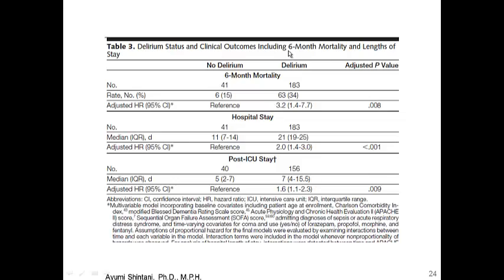If delirium happened, the median time becomes as long as 21 days, with an interquartile range of 19 to 25 days. You may wonder, from your practice, you don't really think people stayed in the hospital that long, even though they are sick, once mechanically ventilated.